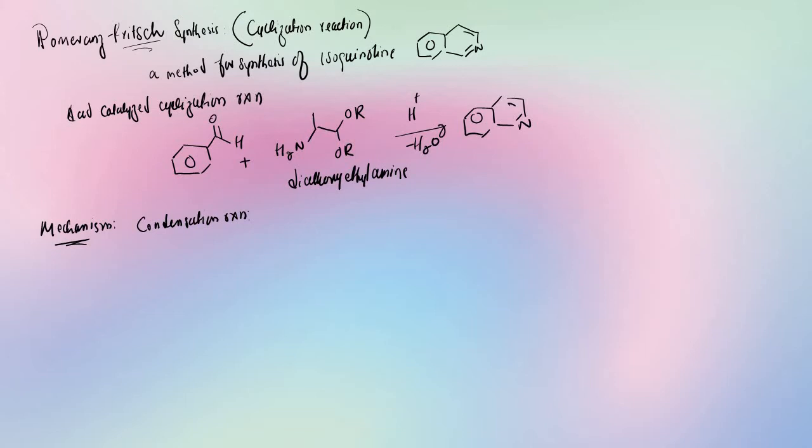It should be kept in mind that whenever aldehyde or ketones react with amine, it proceeds through a condensation reaction to give rise to formation of amines. So when benzaldehyde reacts with the dialkoxyethylamine, a sort of condensation reaction takes place between these carbonyl group and amine group.